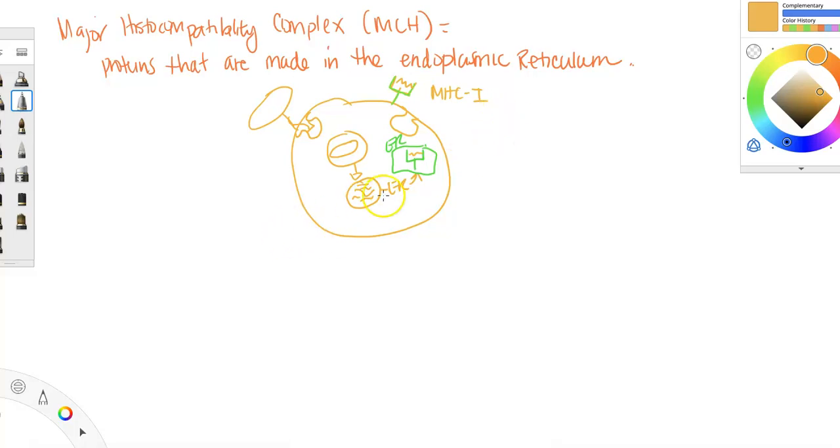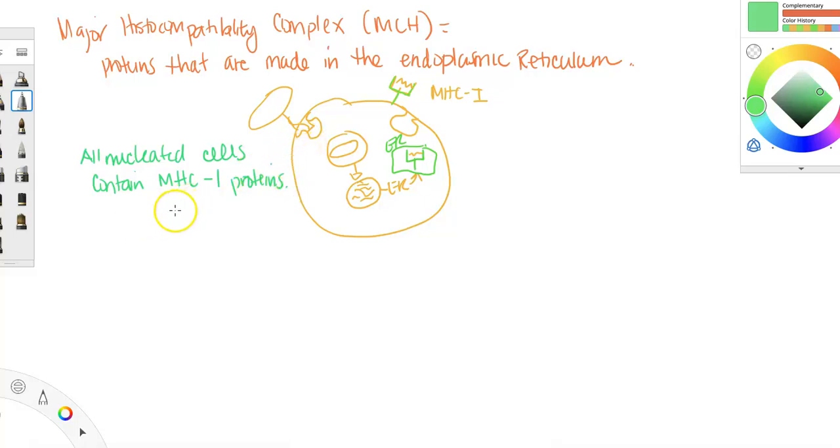So basically, all nucleated cells contain MHC1 proteins. So all nucleated cells.